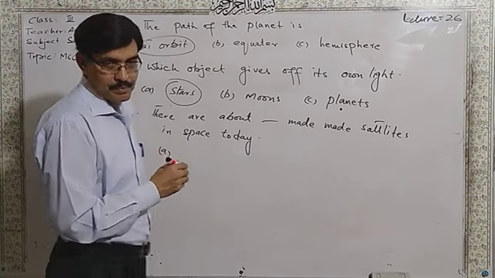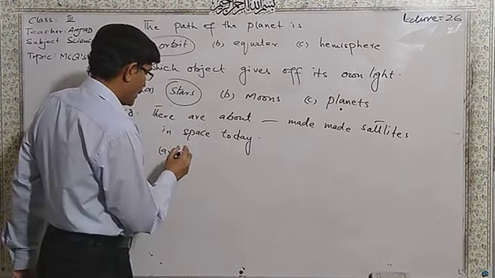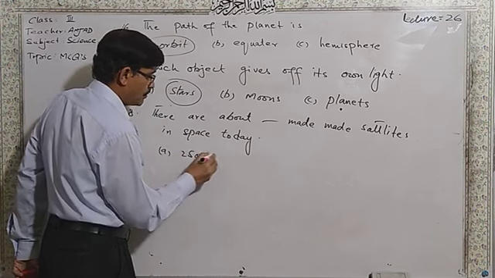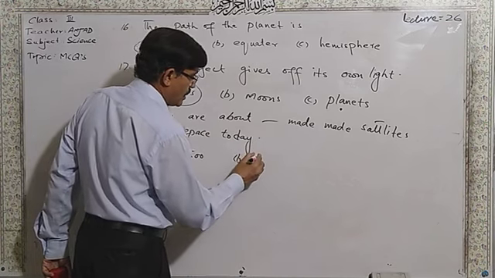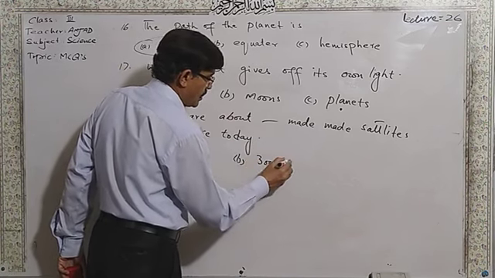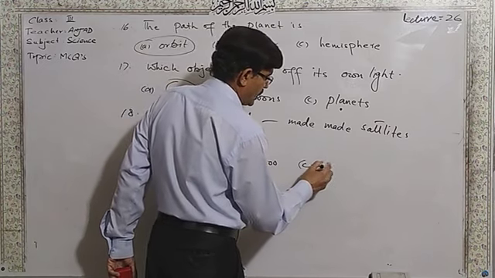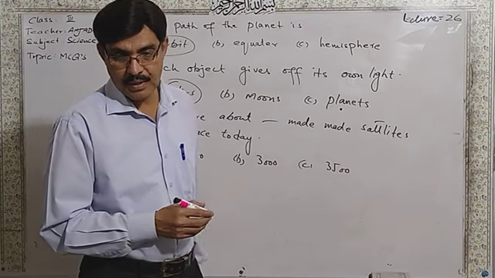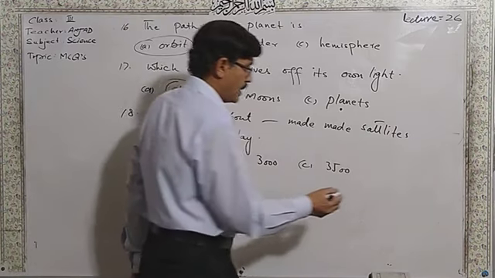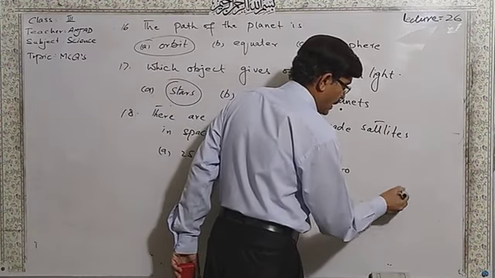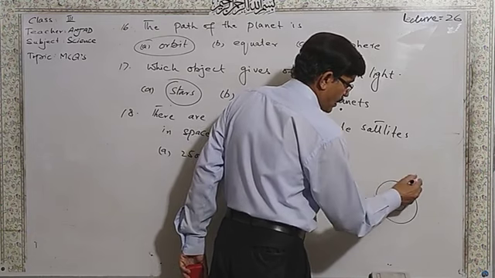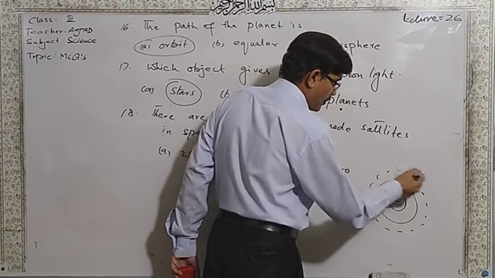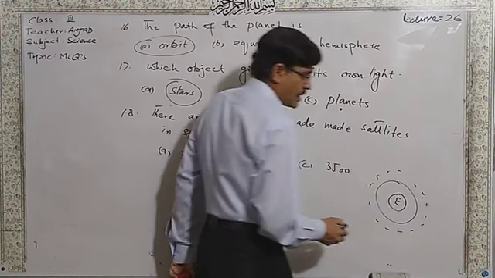A, 2,500; B, 3,000; C, 3,500. This is our Earth, and around it we have satellites.